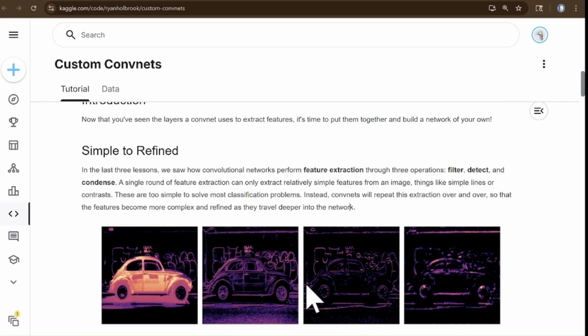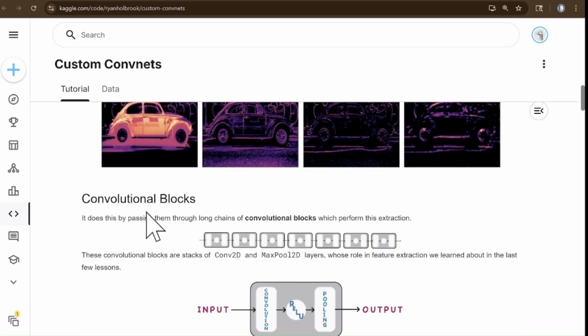So they are creating convolutional blocks, and it does this by passing the image through long chains of convolutional blocks which perform this extraction. The first block will extract some simple features, then comparatively more complex features. At this point you will get some complex features which can help you identify what type of image this is.